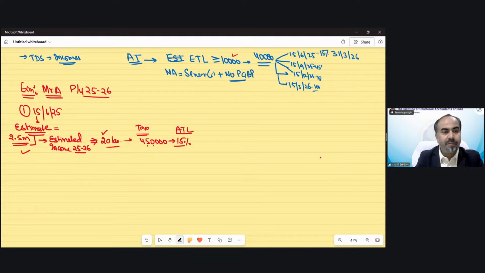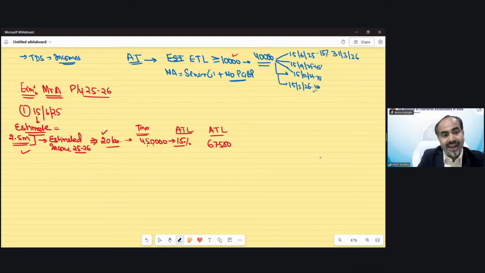So on 15th of June, we have to deposit 15% of 4,50,000 as our advance tax liability. So this advance tax liability amount would be 67,500. Clear? If the question asks you to calculate estimated advance tax liability on 15th June, the answer would be 67,500. So Mr. A needs to deposit up to 15th June 25, 67,500.